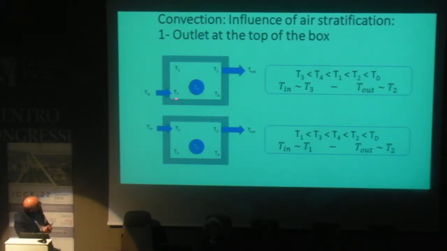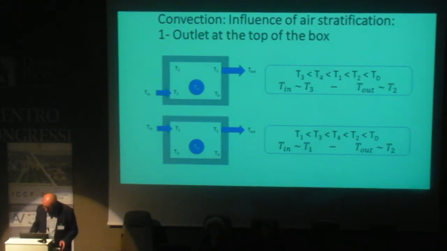T3 is close to the inlet temperature, the outlet temperature is close to T2, and everything is lower than the device temperature. Same thing if you have the inlet at the top. It's slightly different, but you still have T2 just lower than TD.